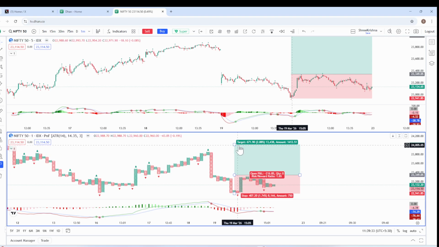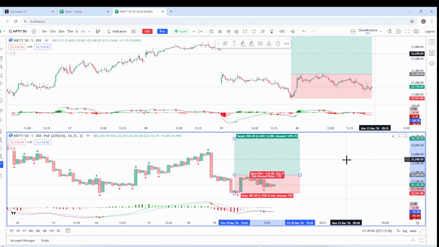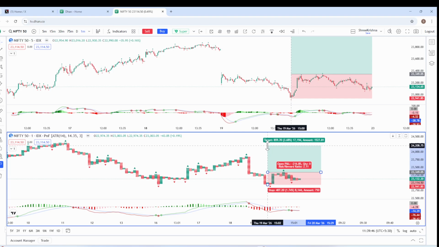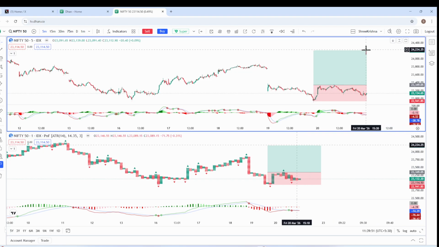So let me get this correctly. Somewhere here, 24,100. So on this also you can see, you are looking somewhere there.